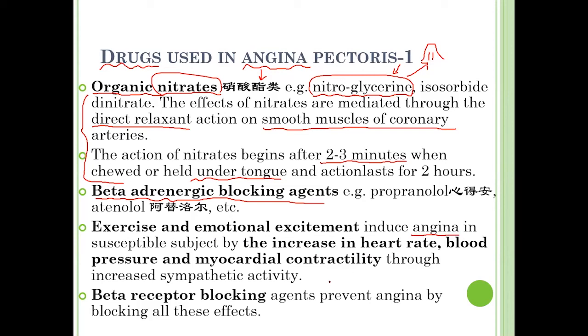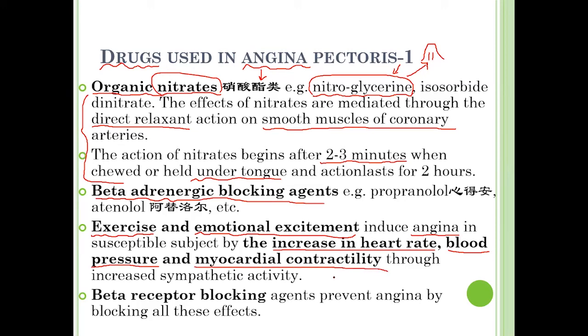For some people who have this kind of problem, like they have chest pain before but it later relieves, it's possible after some exercise, or after some big emotions, it can trigger it, because exercise and emotions truly increase the heart rate and the blood pressure and make the heart muscle contractions stronger.